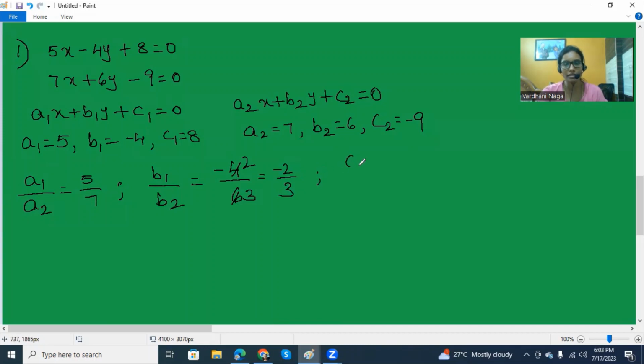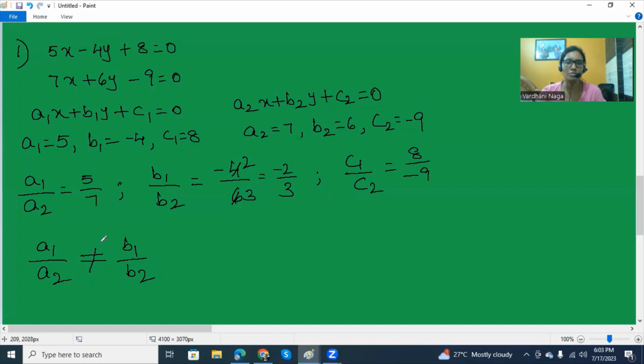Now we will find C1 by C2: 8 by minus 9. Here also you can't simplify further. So A1 by A2 is not equal to B1 by B2. When these both are not equal, there is no need to check C1 by C2.